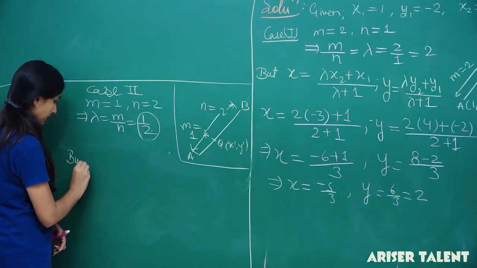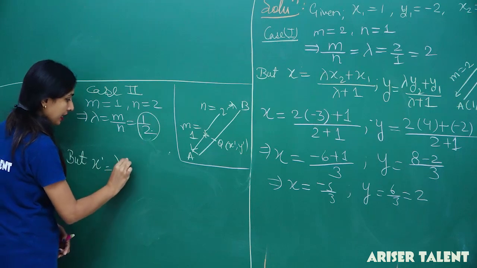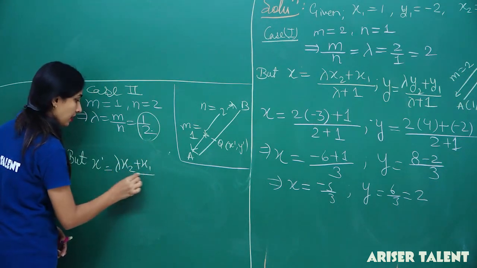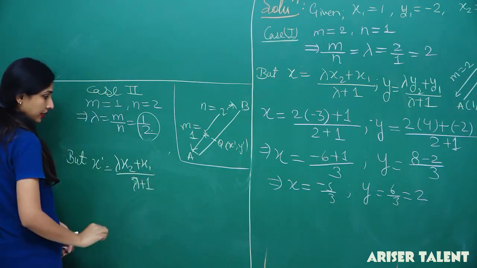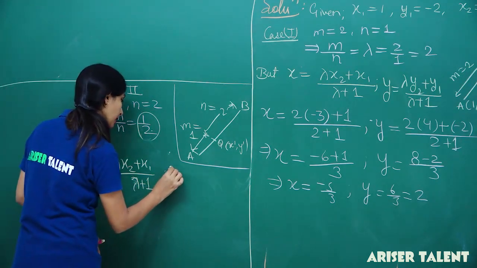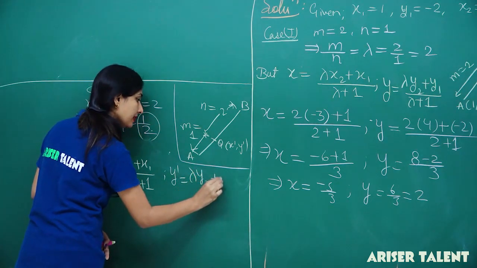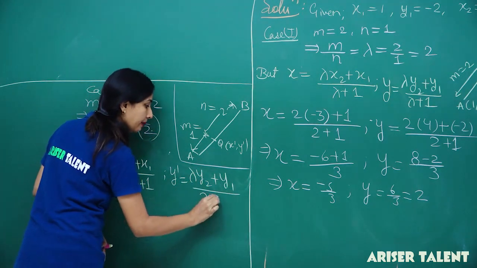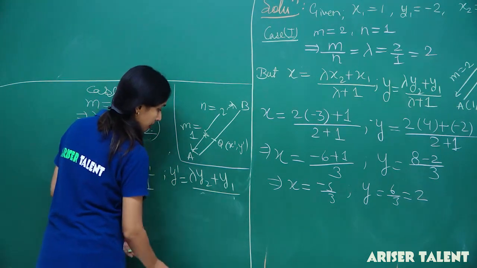But x dash equals lambda x2 plus x1 by lambda plus 1, right, and y dash equals lambda y2 plus y1 by m plus n. No, lambda plus 1, okay, lambda plus 1.